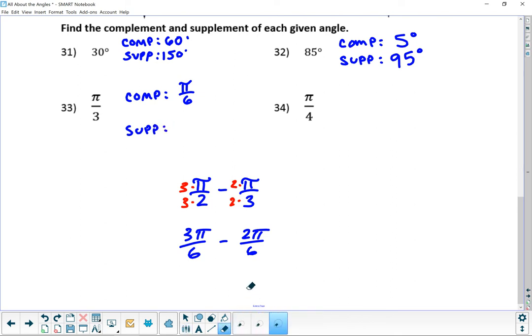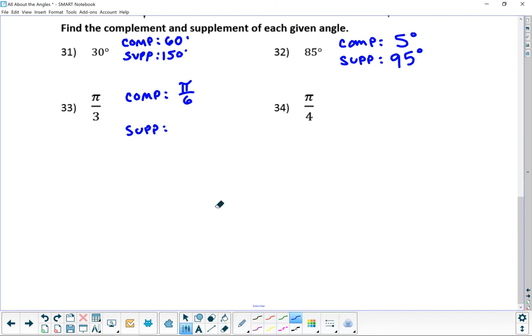My supplement is 180, but again, this is in radians, so I'm not going to use 180 degrees. I'm going to use pi. Just like we did with number 32, it's going to be pi minus pi over 3. Again, with fractions, I like to write them next to each other. I know I need a common denominator of 3, so I multiply by 3.